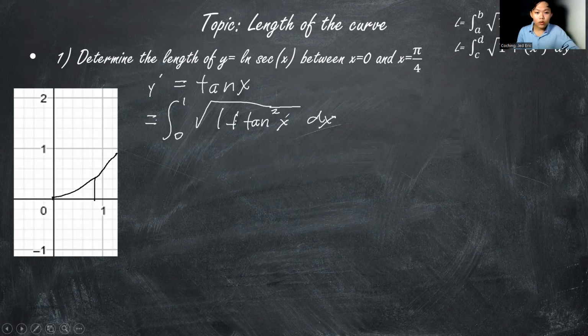And 1 plus tan squared x is just equal to secant squared x, and the root of that is just sec x over dx.